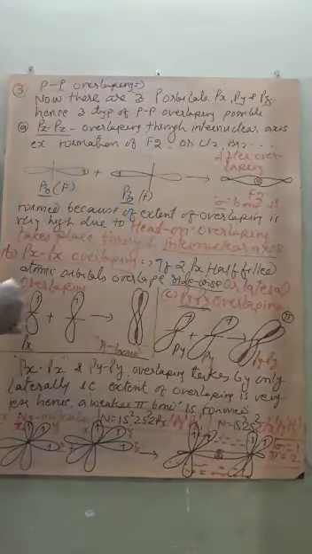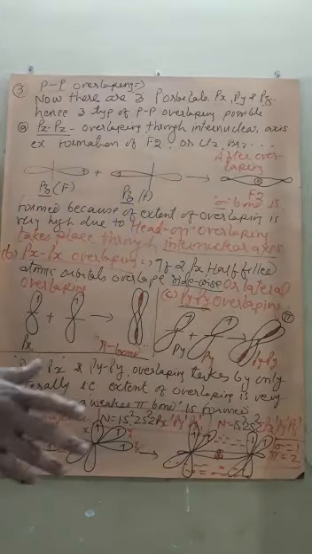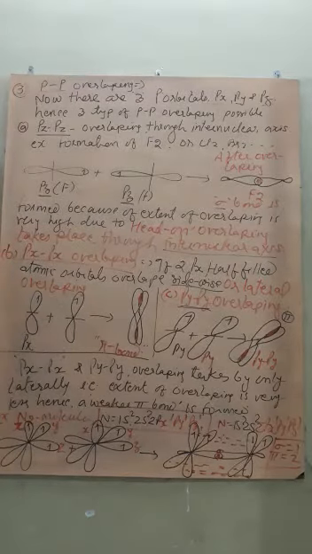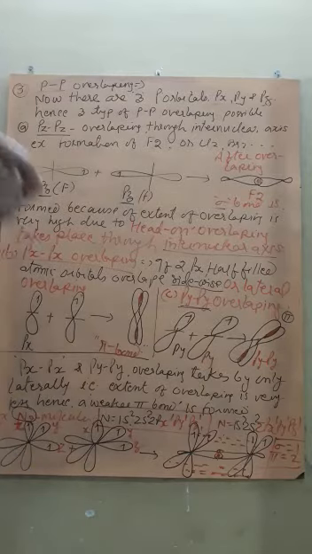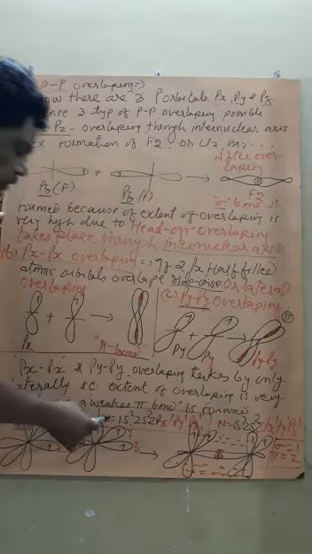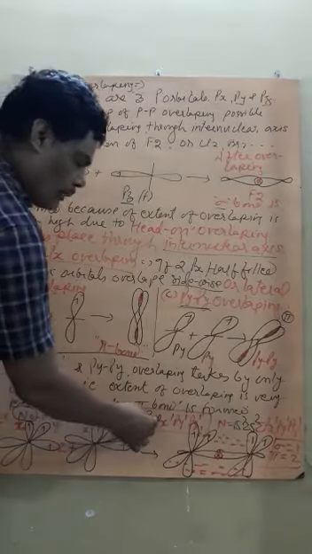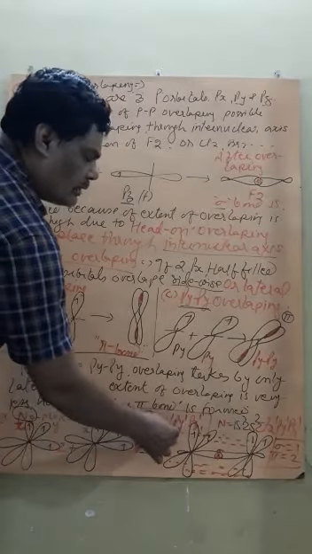Now, to observe these three types of overlapping in a single molecule, we can take a very good example: the nitrogen molecule. Student, the nitrogen molecule is formed by overlapping between two nitrogen atoms. Each nitrogen atom has the configuration 2px1, 2py1, 2pz1.